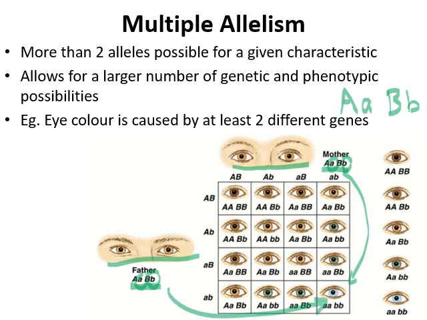Or depending on which ones they inherited, if they inherited 2 of the recessive A genes, but they got 1 of the dominant B genes and 1 of the recessive B genes, then they could end up with more of a greeny hazel colored eye. So lots of different combinations here based on the fact that we have more than one gene encoding for the same characteristic.